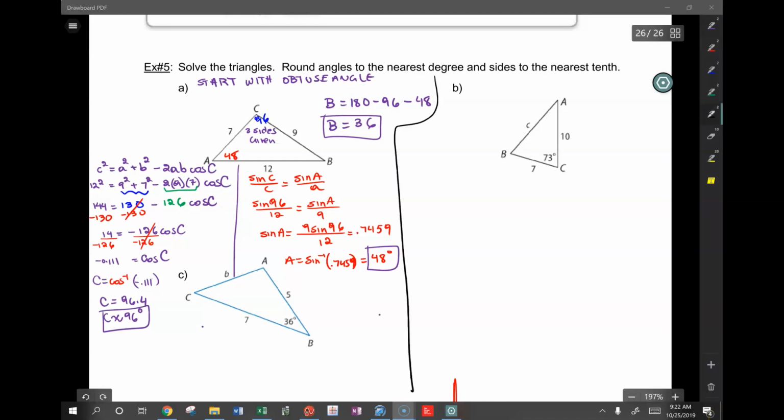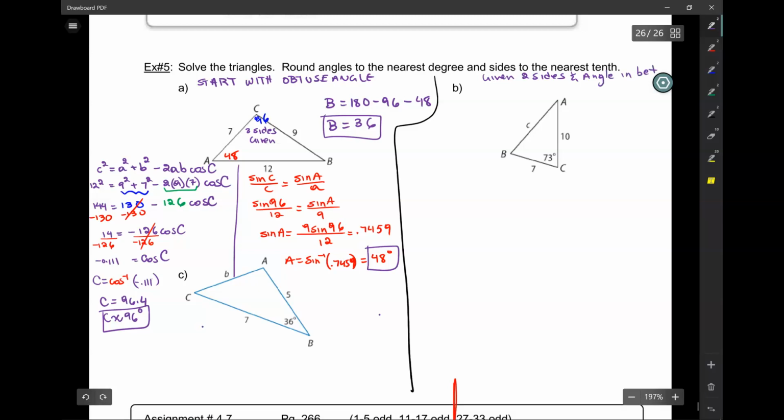Okay, so for B, look at what we have given. We have two sides and the angle in between. That's law of cosines for you, right? So we're given two sides and angle in between. All right, and what is it that we need to find?